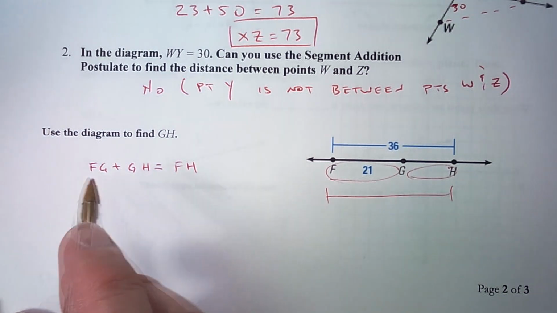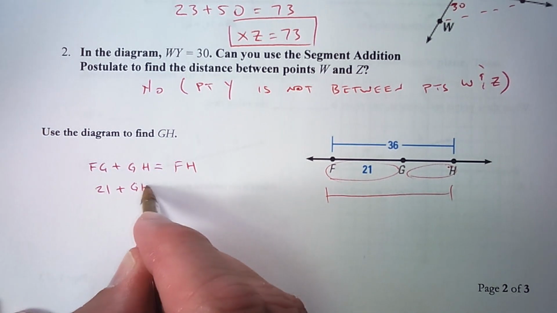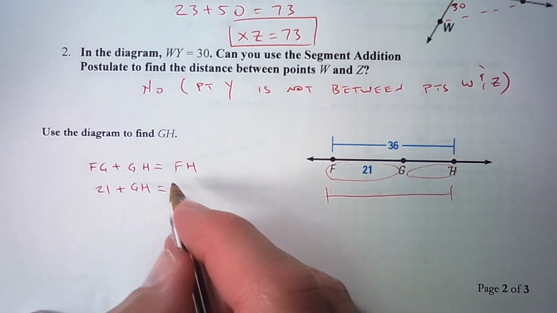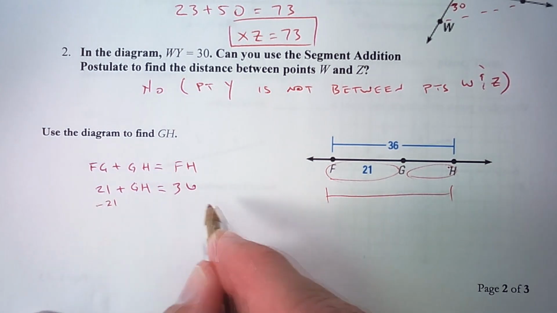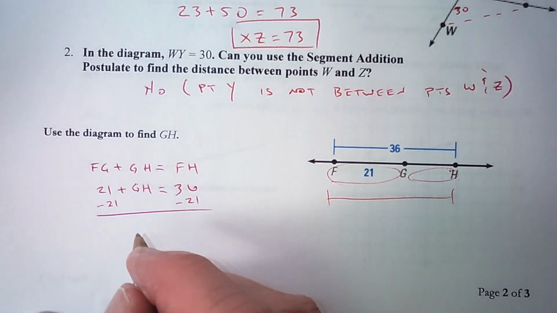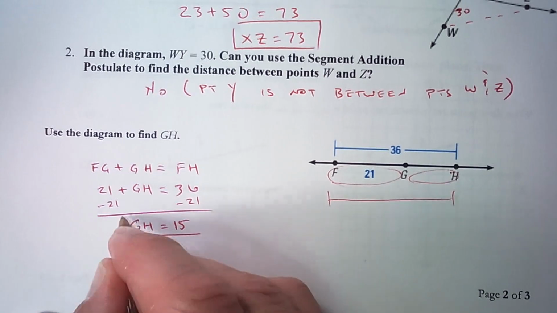I know segment FG has a length of 21. I do not know the length of segment GH, but I know that the length of segment FH is 36. So if I subtract 21 from both sides, I will find that the length of segment GH is 15 units.